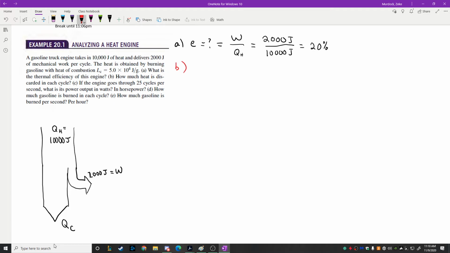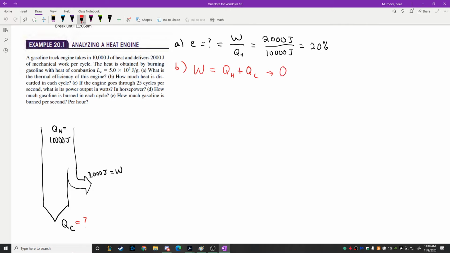Part B, how much heat is discarded per cycle? So the heat discarded would be this. And we had a relationship that we wrote down earlier, which was that the work done by the engine was equal to the difference in the heat. It's basically the heat in plus the heat out, where the heat out is often negative.